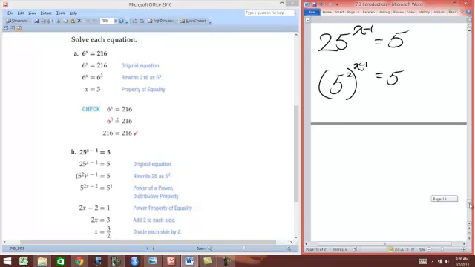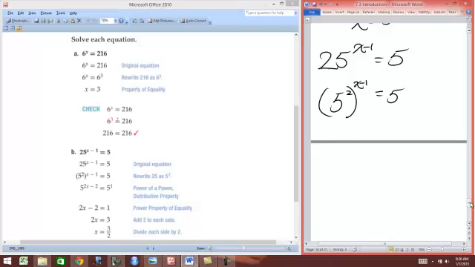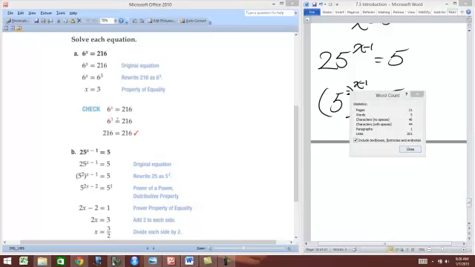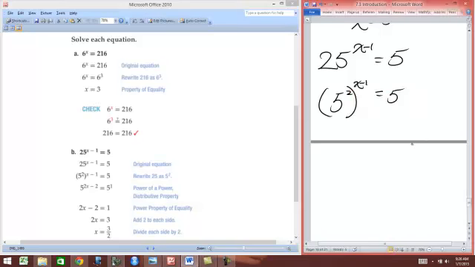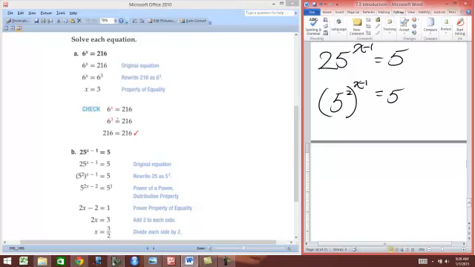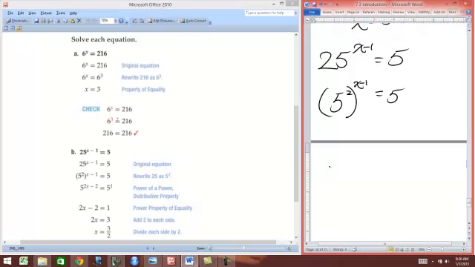We must do something first. Namely, we must eliminate the parentheses and distribute the 2 times the x minus 1. So we're going to have 5 raised to the power of 2 times x minus 1, in parentheses, equals 5.